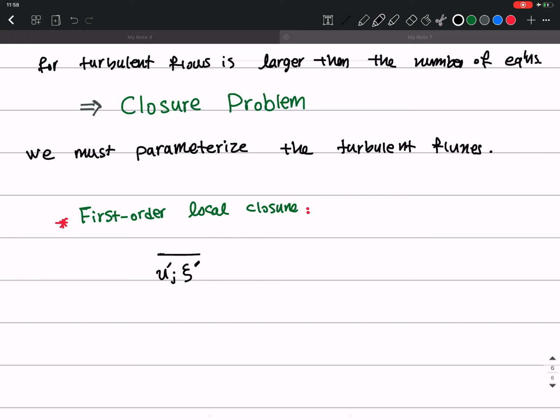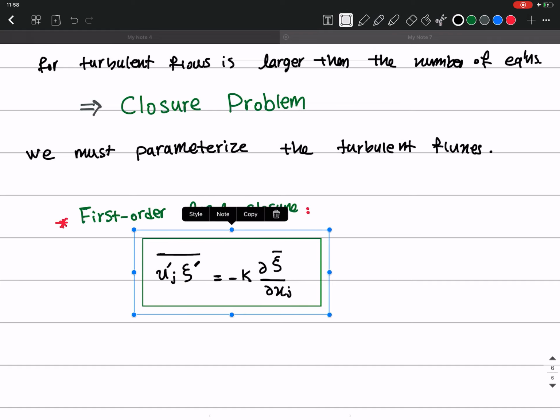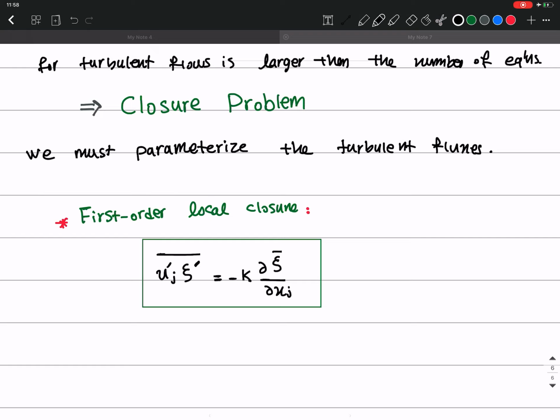So this turbulent flux, we can just approximate with a constant K, minus K times partial epsilon bar over partial xj, okay? So we can approximate it with a mean variable. This is known as local closure. As you see, this is a mean variable, an average variable. So we can approximate these turbulent fluctuations with this mean average variable, okay?